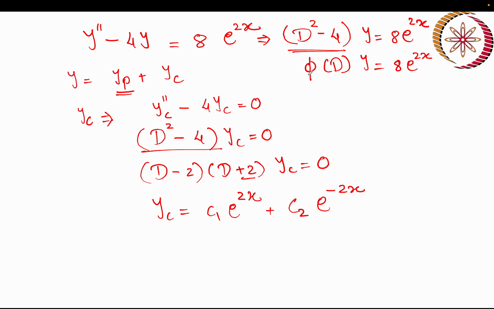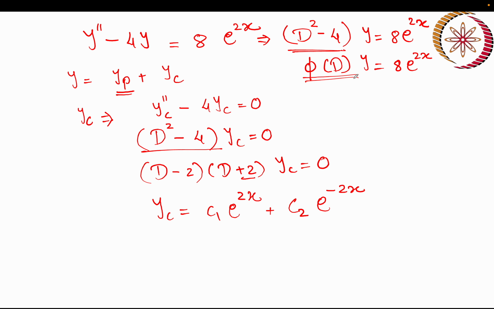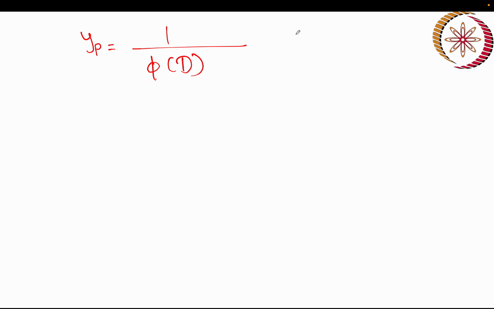On both sides we'll operate 1 by phi of D, so what we'll get is 8 e raised to 2x.